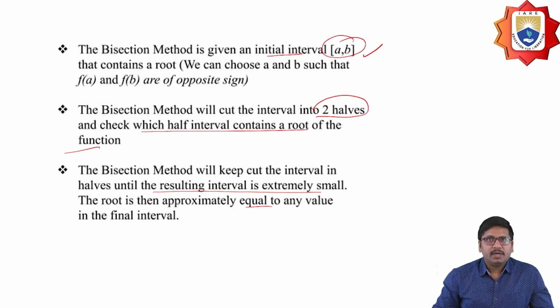In this method we are given an interval containing the root, and the method cuts this interval into two halves, whether or not the two halves contain the root of the function, until the resulting interval is extremely small.